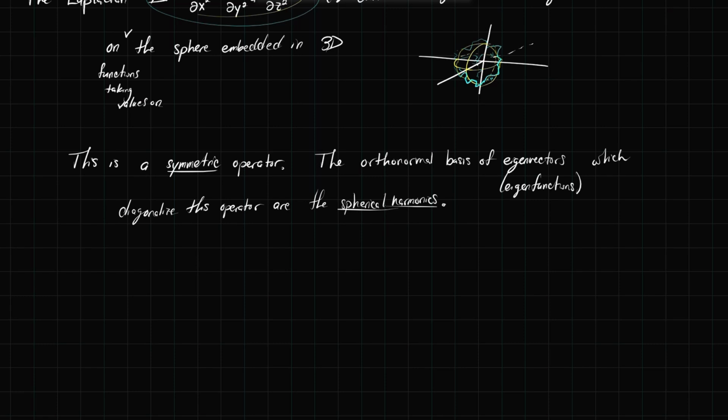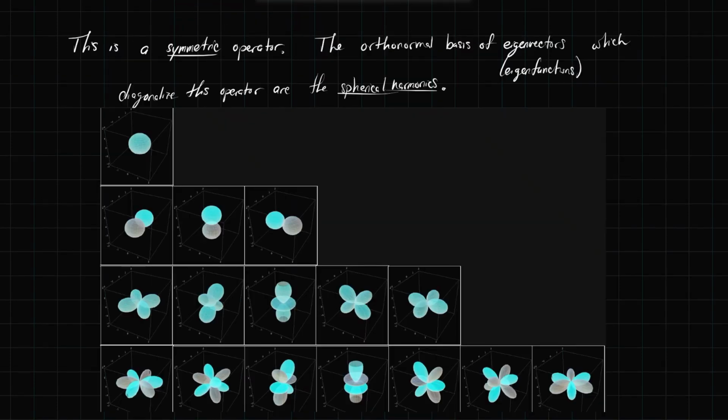What I want you to worry about is this picture. So here's the picture of the spherical harmonics. Do these look familiar? Perhaps they look familiar to chemistry students. So hopefully you've taken a chemistry course.